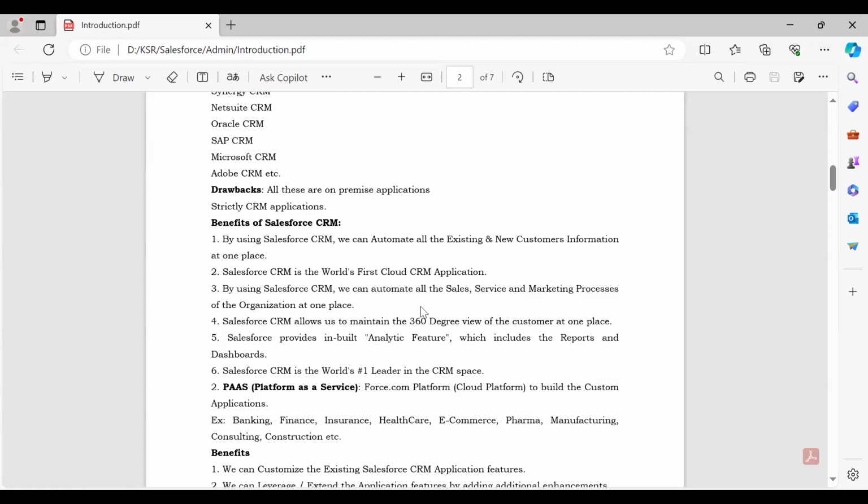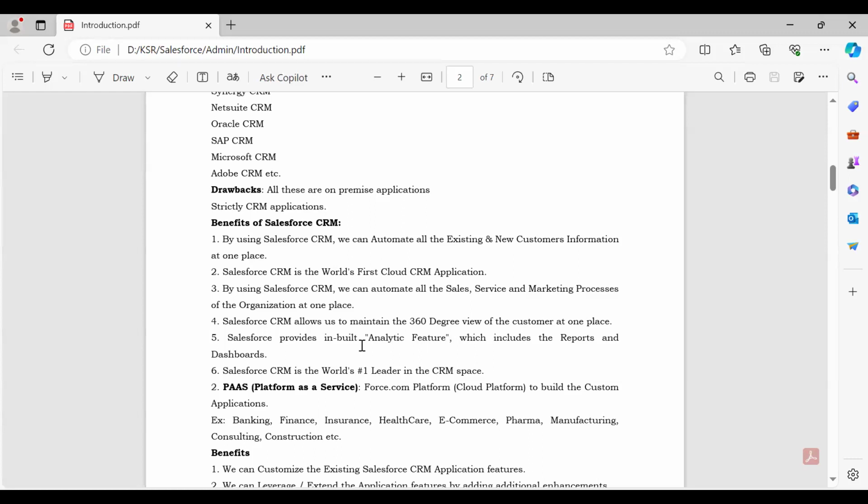Fifth one is it provides inbuilt analytic feature, which includes reports and dashboards. Inbuilt analytic feature. Analytic means analysis. Analytic means analyzing the data. So by using the Salesforce CRM application, we can automate our business processes.